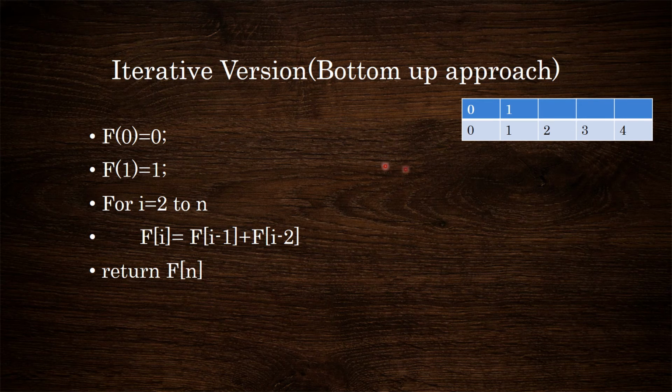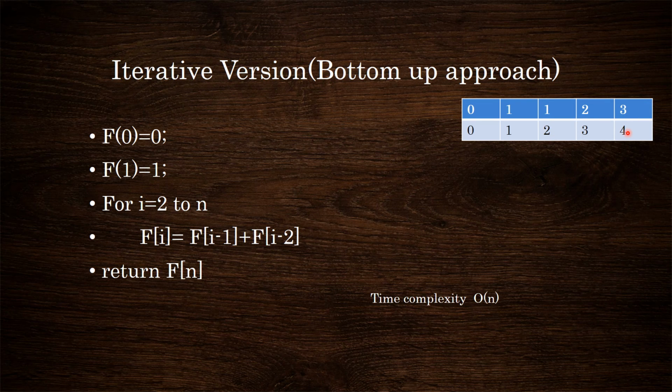Add the previous two and update the next. That's the approach here. By adding 0 and 1, we get the next value 2, which is 1. The same way, we update Fibonacci of 3, and finally we get Fibonacci of 4, which is 3.